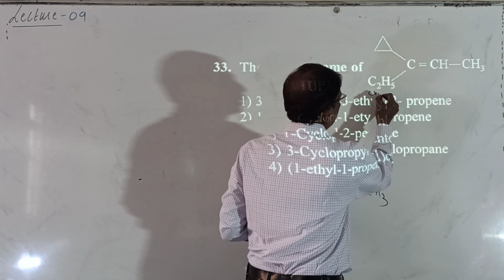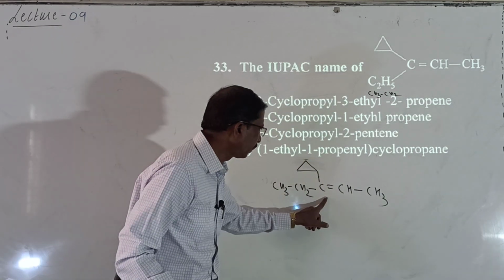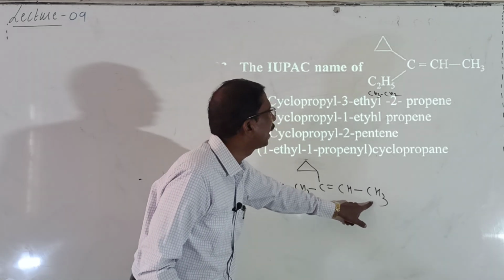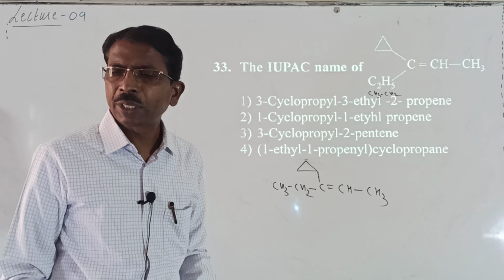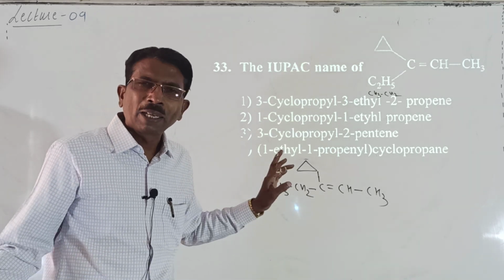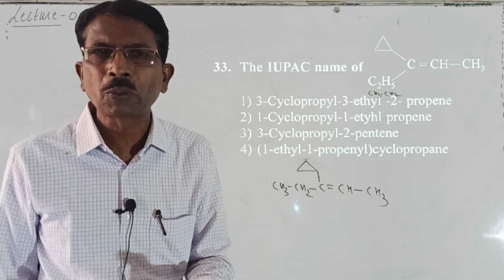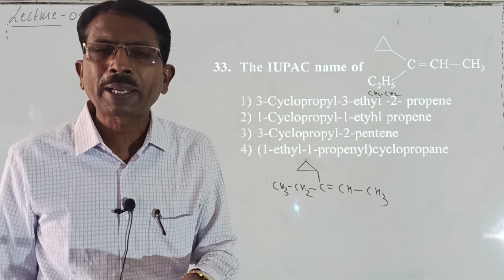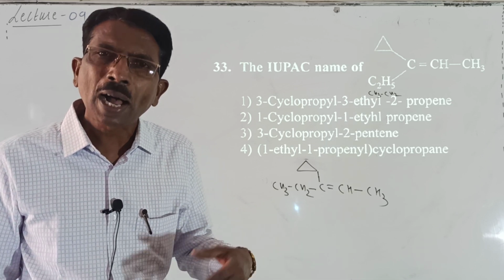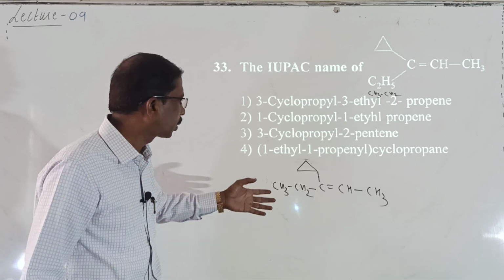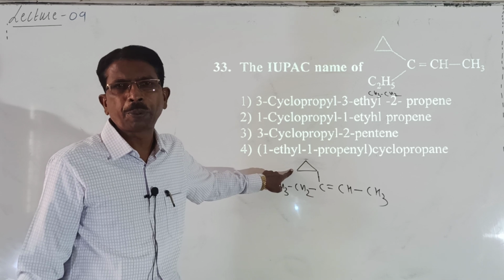C2H5 can be written as CH3 CH2, and then C double bond CH CH3, and then this cyclopropane. So in the rule we studied, if the side chain contains a multiple bond or a functional group, in such cases we have to consider this alicyclic compound as a substituent group.